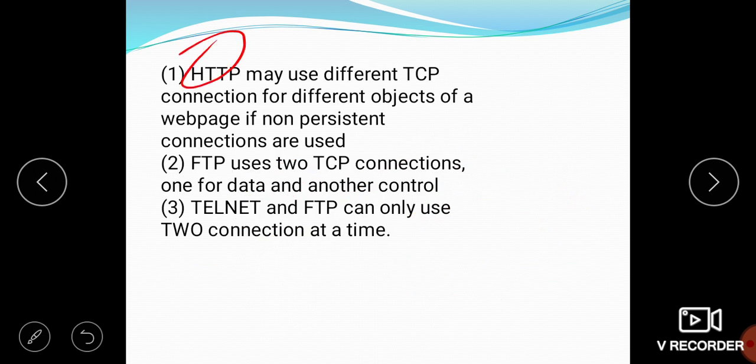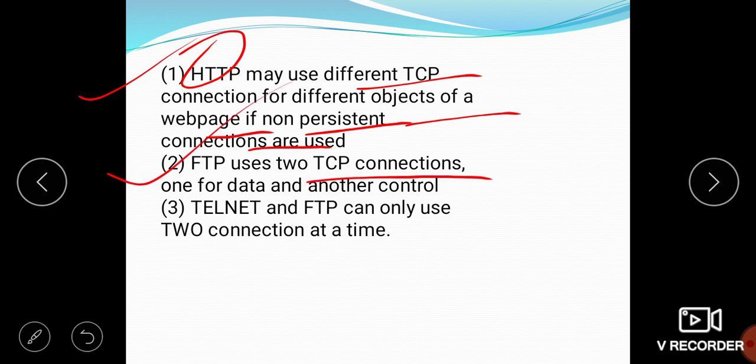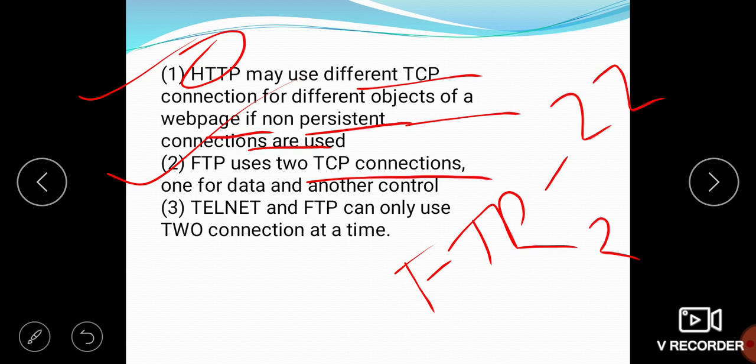Now next, HTTP may use a different TCP connection for two different objects of a web page if non-persistent connections are used. So this is true. Now FTP uses two TCP connections, this is also true, because FTP uses port numbers 20 and 21.